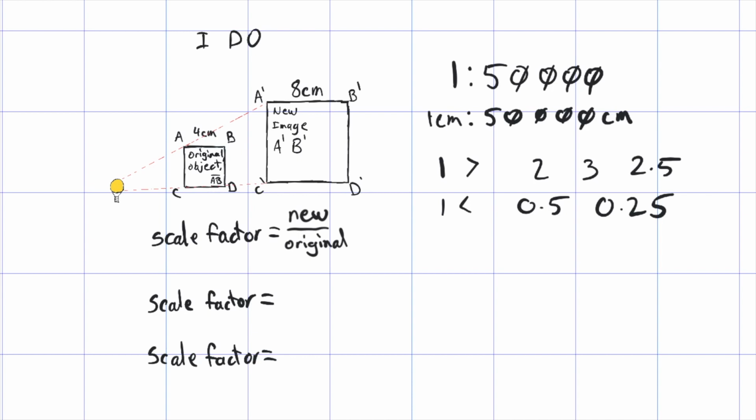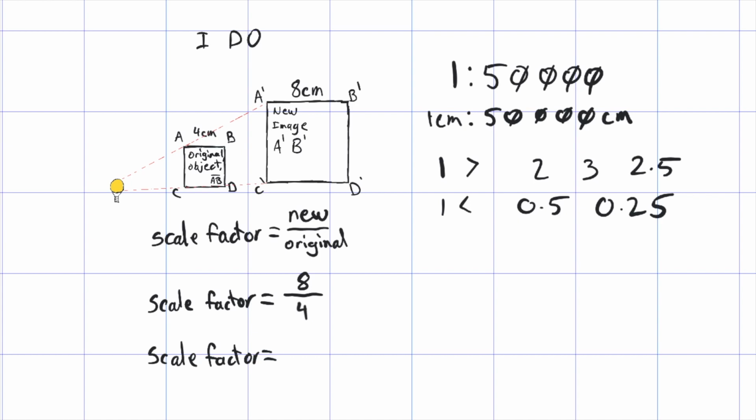The next line, when we start to substitute, you're still going to be substituting the same values. So for our next line, I'm going to substitute what my new line is that I've allocated to this. I'm going to choose my top line here that's actually been given to me, and I'm going to say 8. Now, we're going to divide that by the corresponding side on the original shape, which in this case, we've got it labeled here, and that is 4.